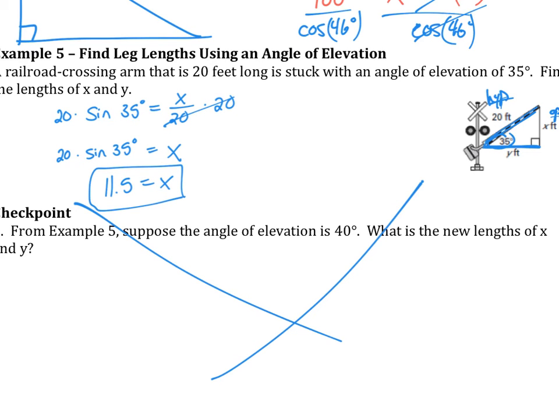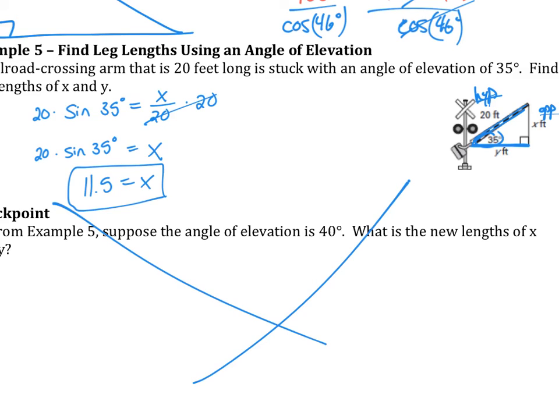And if we want to find y, that would be the adjacent side. So the adjacent and the hypotenuse would be the cosine. So cosine of 35 degrees is equal to y over 20. To get rid of the divide by 20, we multiply by 20.